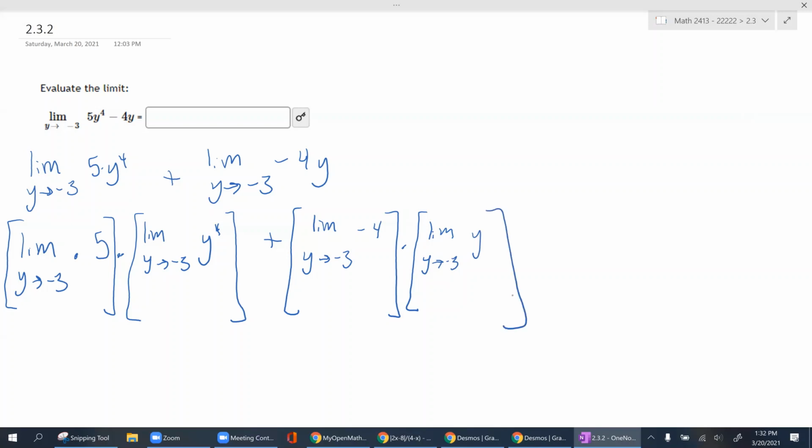All you're really doing here is distributing; you can see it as distributing the limit.